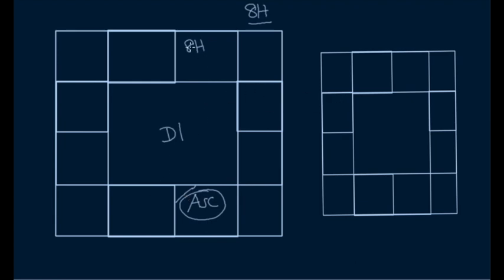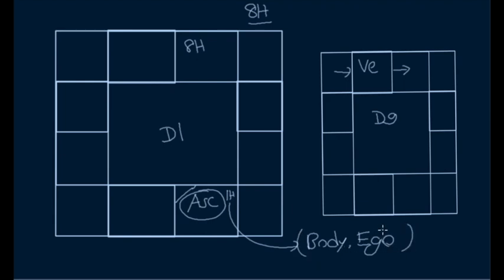Let's say eighth house lord is Venus, and in the D9 chart, let's say Venus is here in Aries. So when Saturn is transiting over Venus, your first house is getting affected. And what is the first house? First house is your body itself, your ego. Okay, so these two things will get affected. You will frequently see your ego getting hurt by other people. You'll see bodily afflictions, health problems during this time.